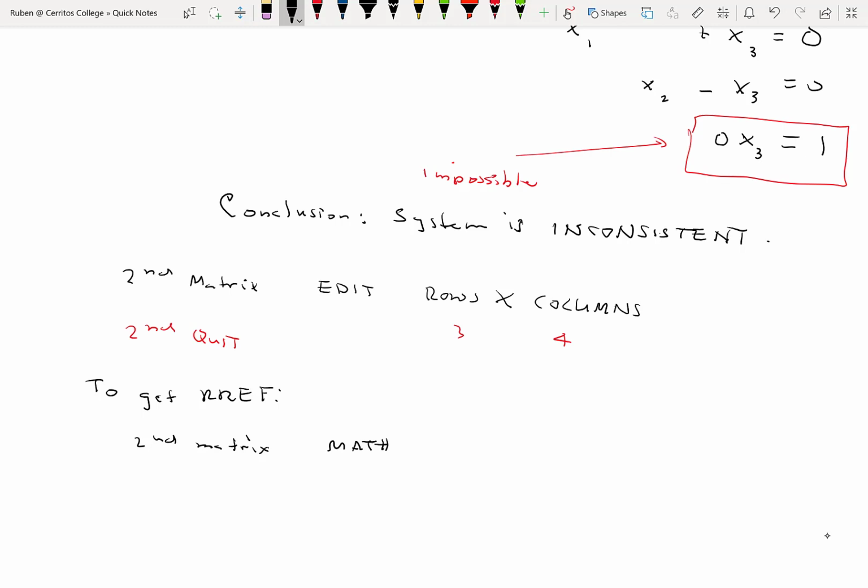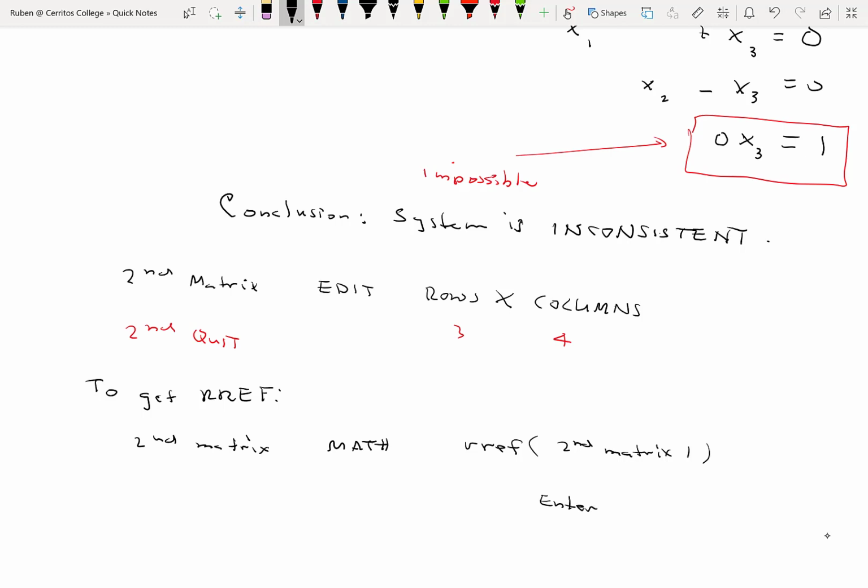Okay. At this point, you should see RREF with open parentheses. Then enter our matrix. Our matrix is A, so you would push second matrix 1, and close parentheses, and push enter. And something amazing happens.